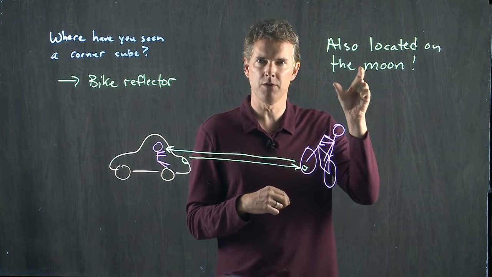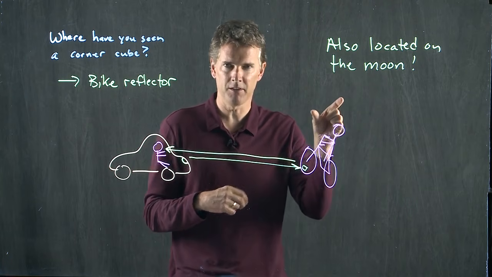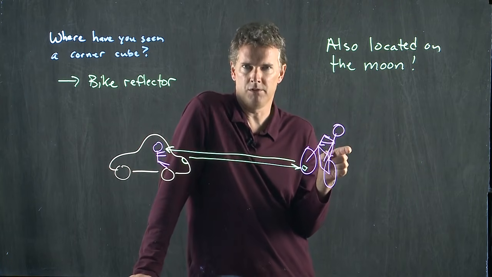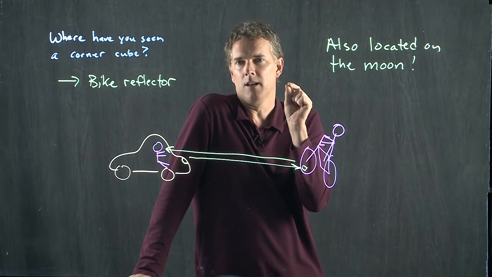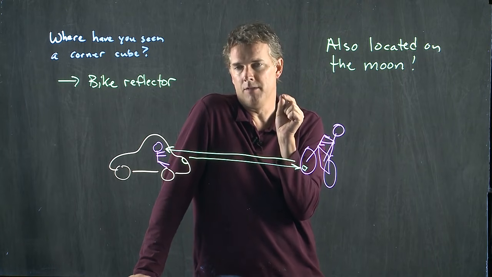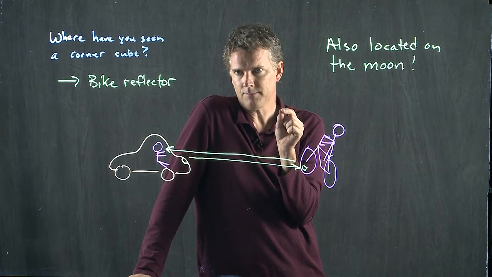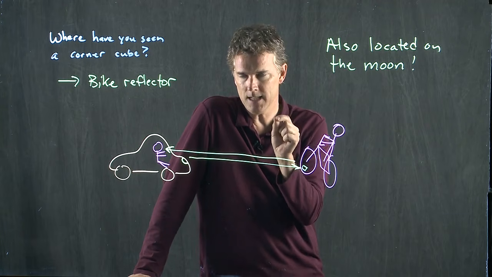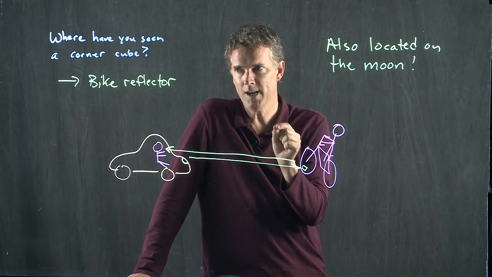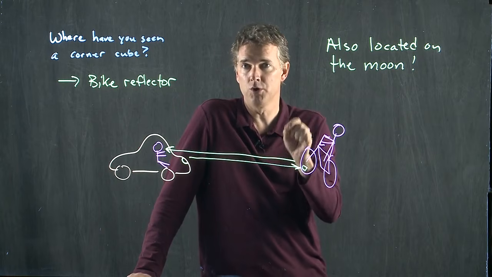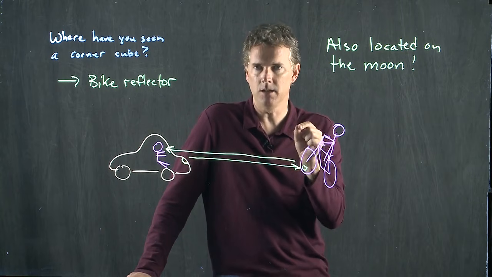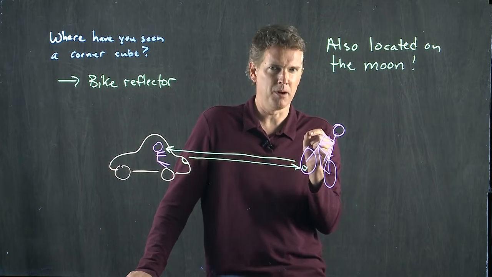And so you can measure the distance very precisely to the moon. And there was a talk recently about this. The precision of that measurement currently is 0.8 millimeters. We know the distance from the Earth to the moon to within 0.8 millimeters, which is sort of remarkable when you think about it.